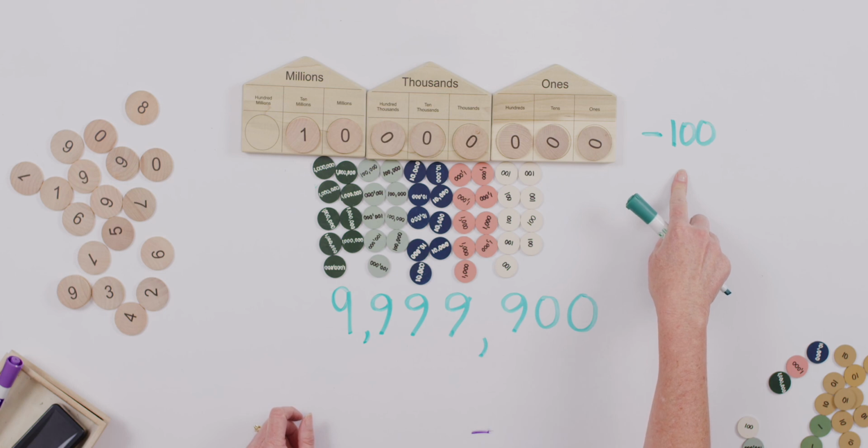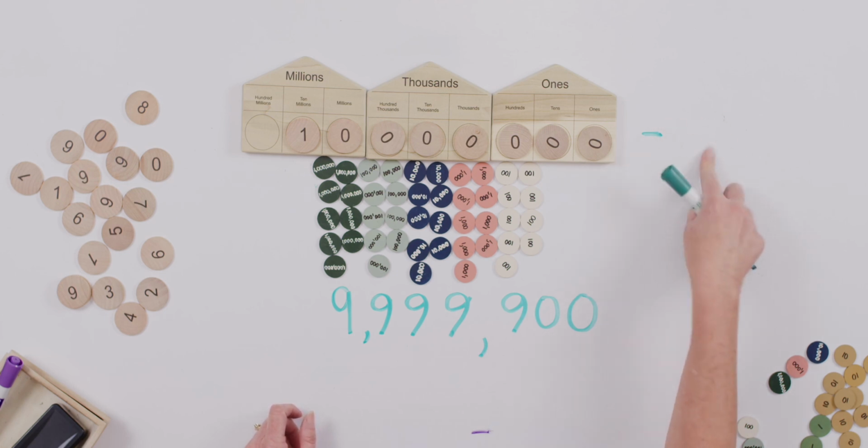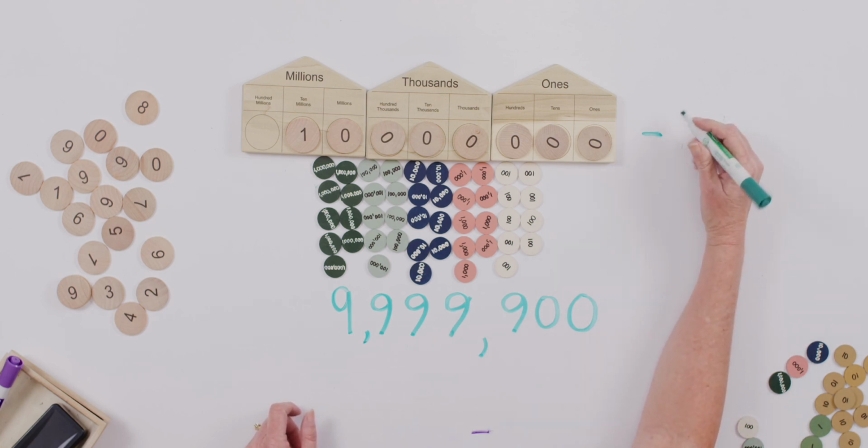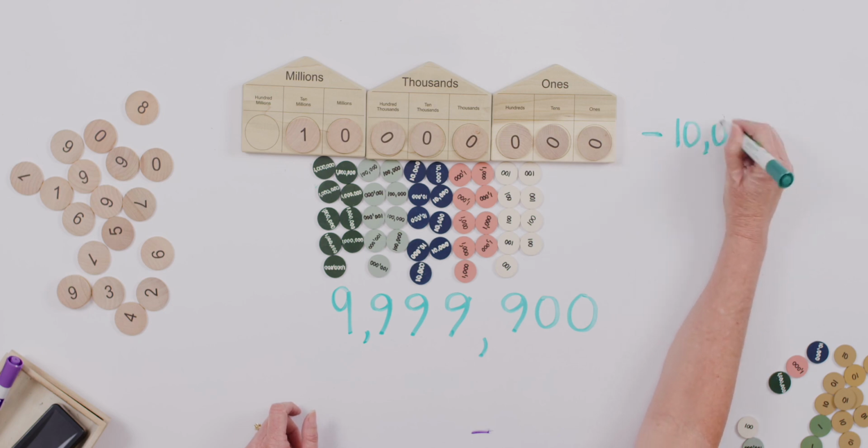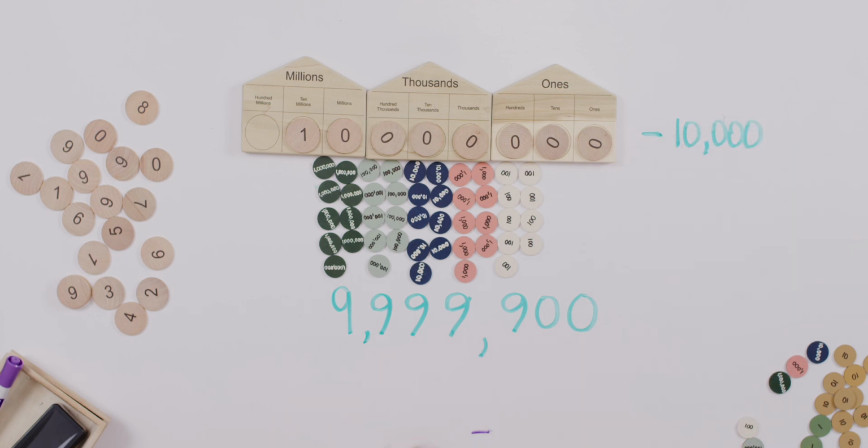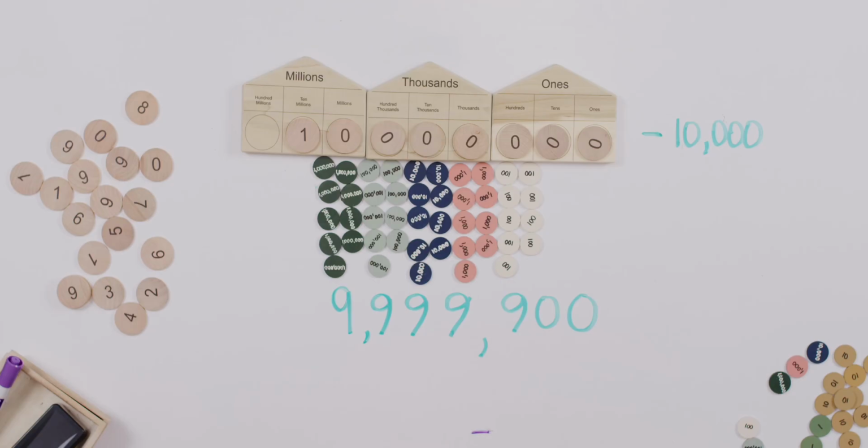What if then I said we're going to subtract 10,000? How would that be different? Can you do that in your head without the place value disks?